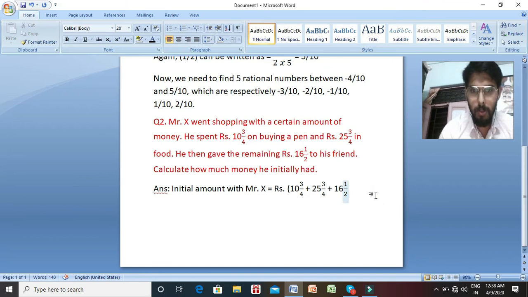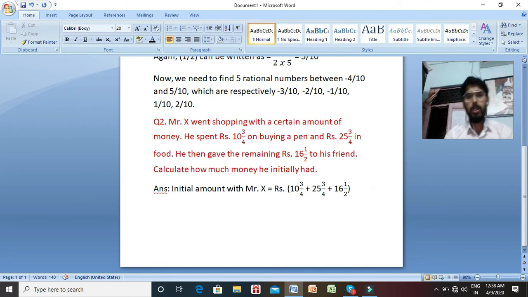Okay, so let us close the bracket now. So this is the total amount, that is the initial amount for Mr. X. So we can equate this one.